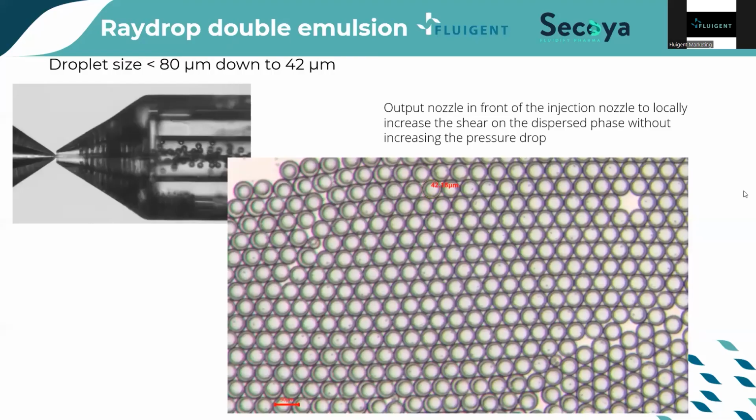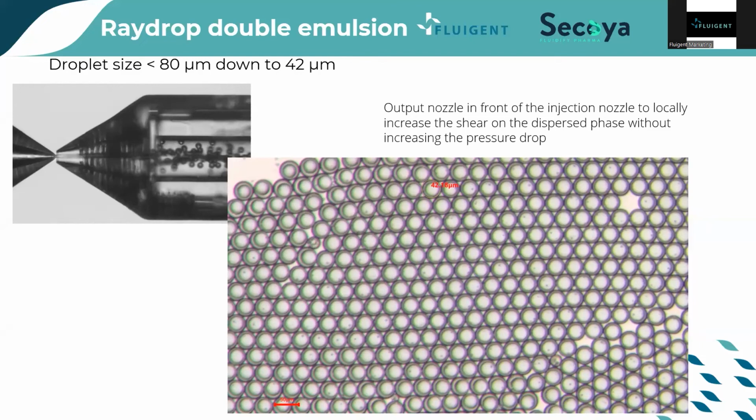so as I said before, with the Rejob we are able to go from 80 up to 150 micrometers, maybe more. But we are working on a different solution to decrease this size. We know that double emulsion size can be hard to decrease sometimes.